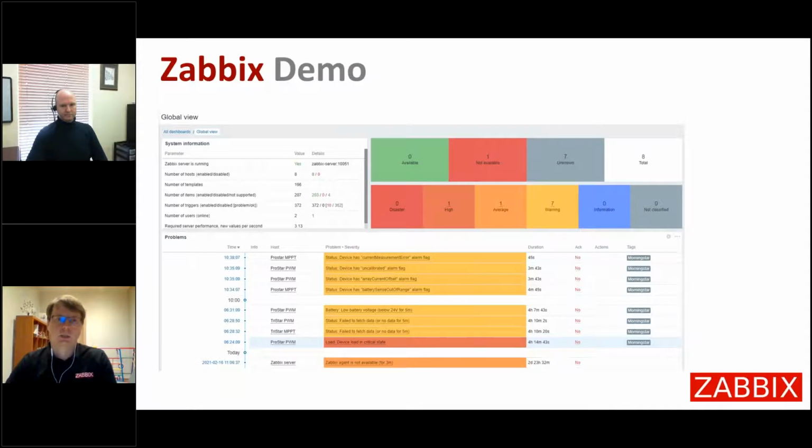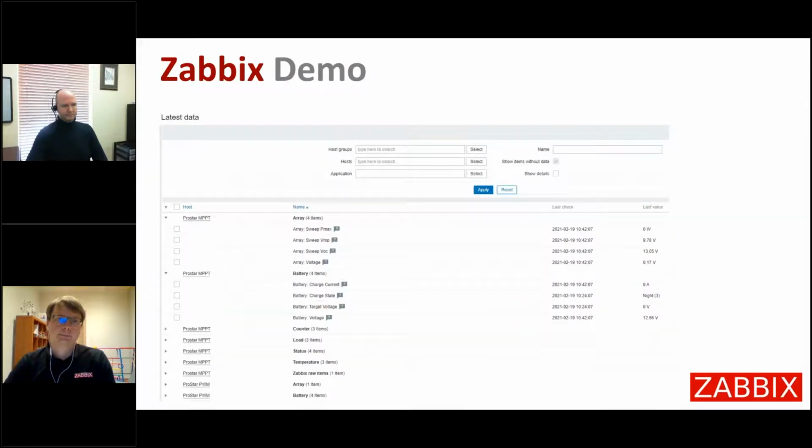And if we jump to the next slide, you can always move into a particular device and see the current situation, the current metrics of the device. So here you would see, let's say, charge state, and let's say we have night.